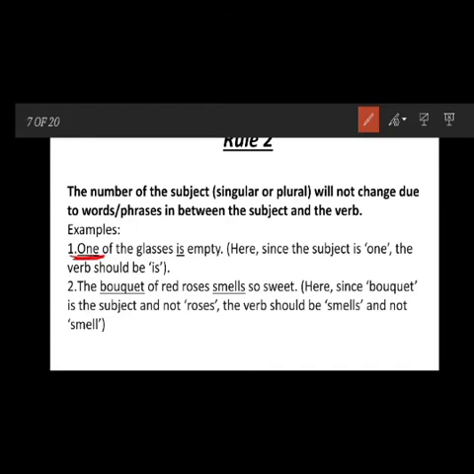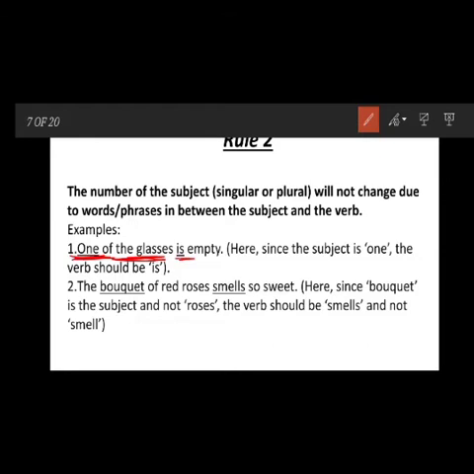For example, one of the glasses is empty. We do not consider glasses, because that is a word between the subject and the verb. It's not our subject. The subject is one. We are talking about one, so that means singular. Since the subject is one, the verb should be is, singular.